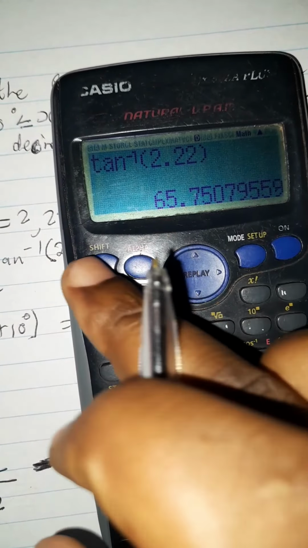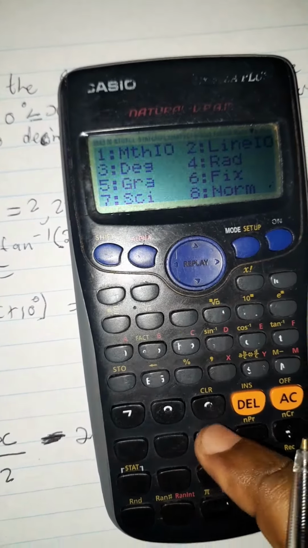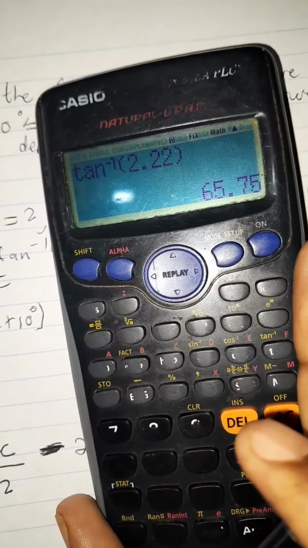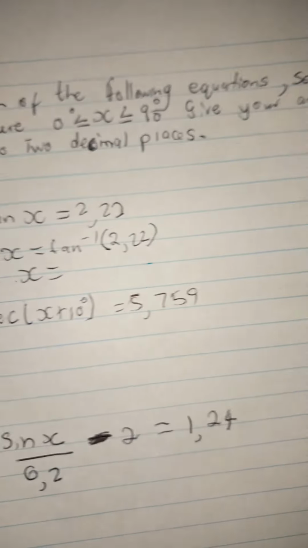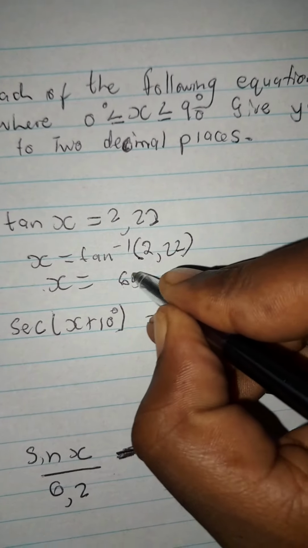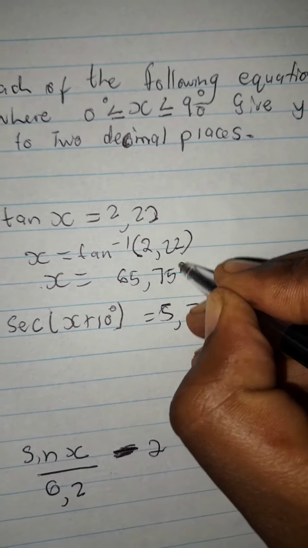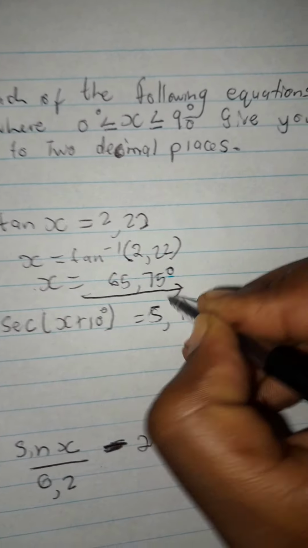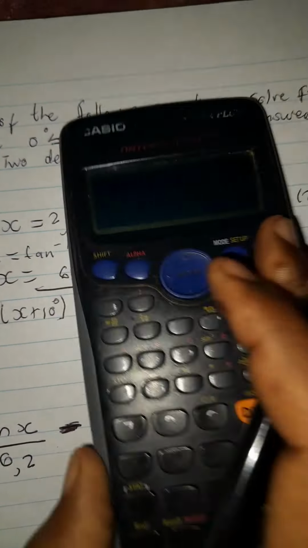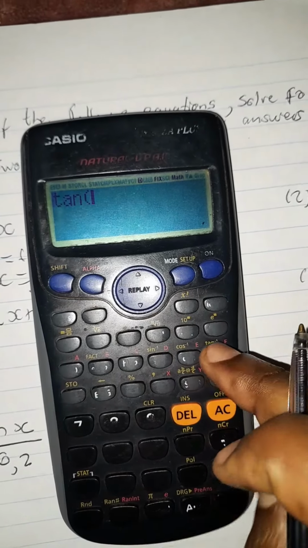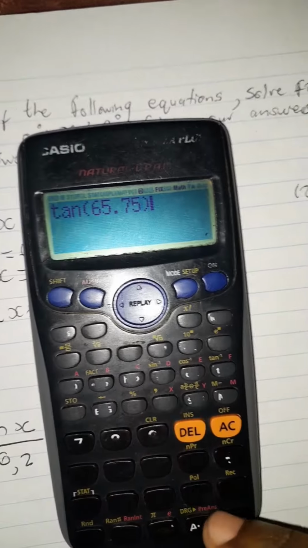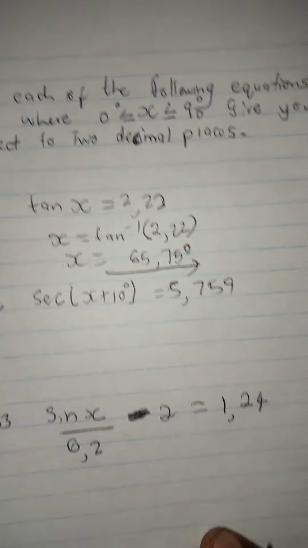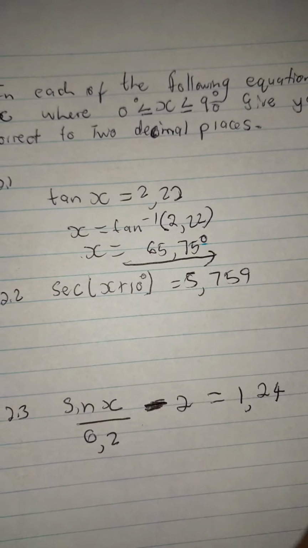That will be 65,75 correct to 2 decimal places. 65,75 degrees. So that's the solution in that case. You can go back and check by saying tan 65,75. That will give you 2,22. So it's correct, right?